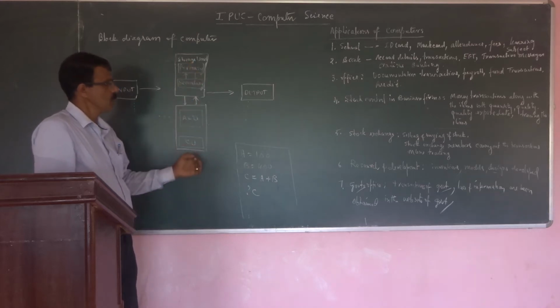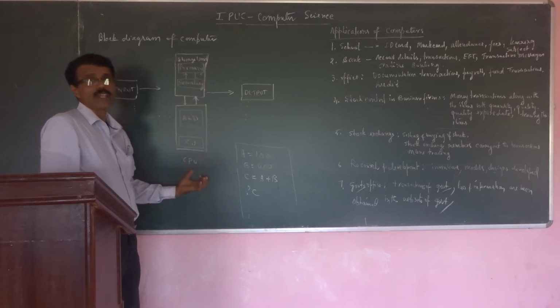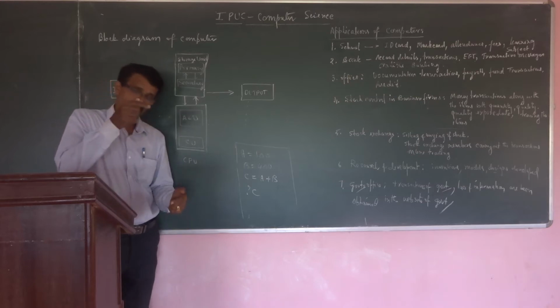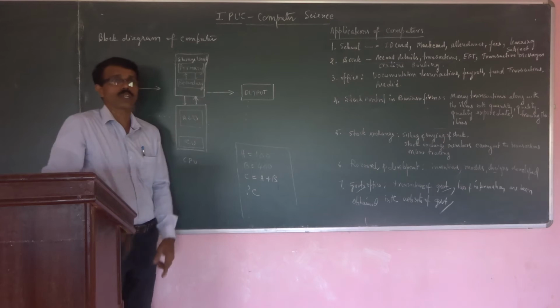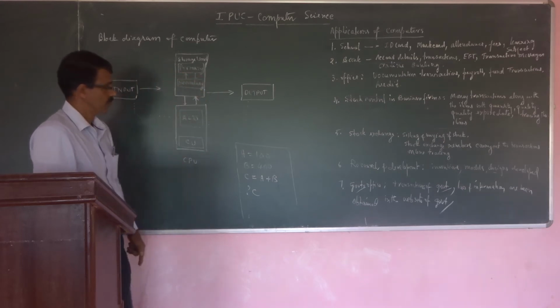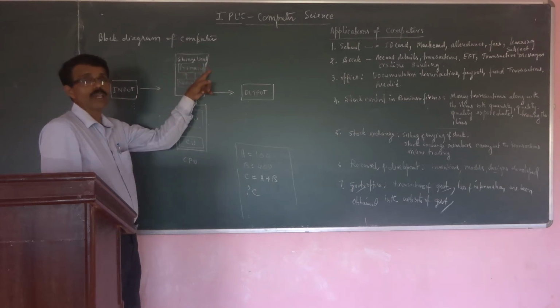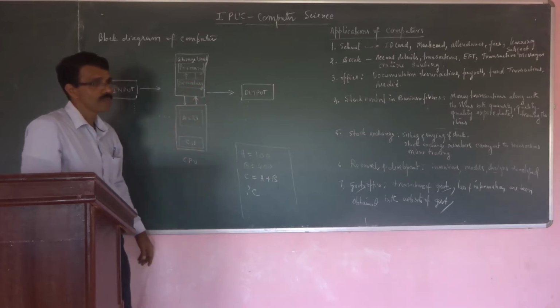Immediately, the CPU receives that data and keeps it in a certain memory location. It uses primary memory. RAM is a primary memory, so on that RAM it keeps that value.